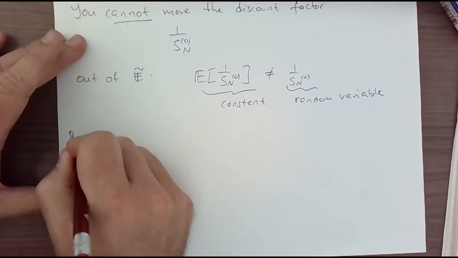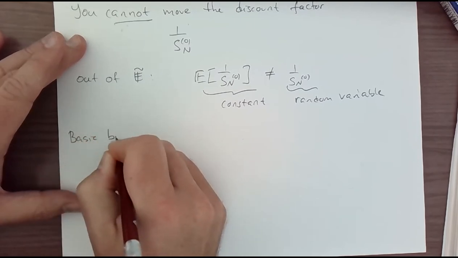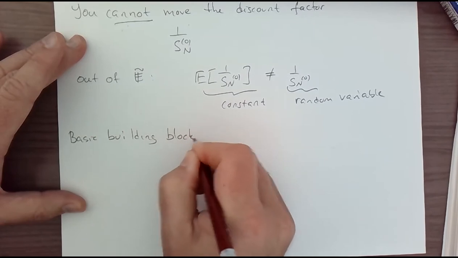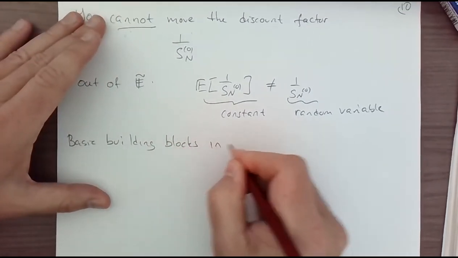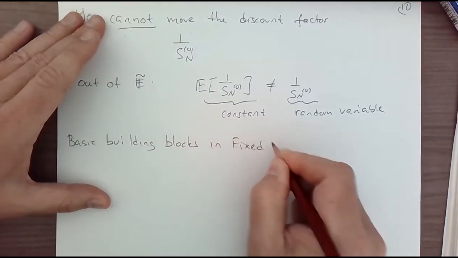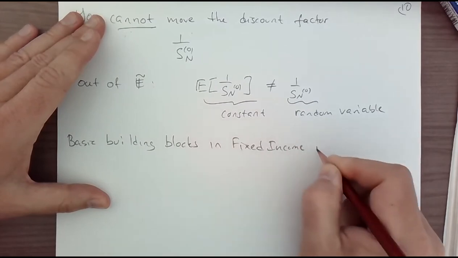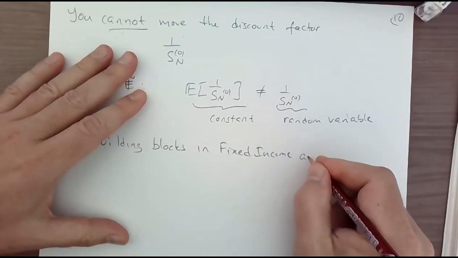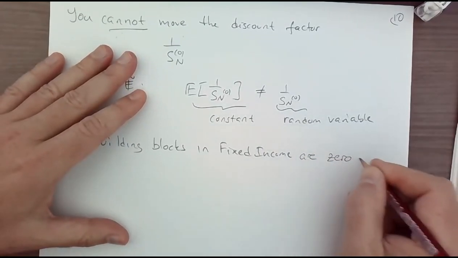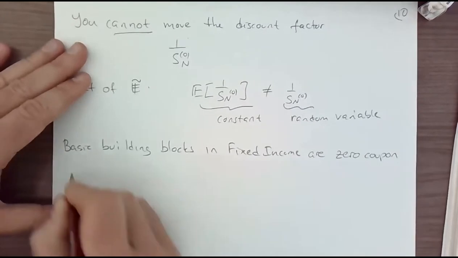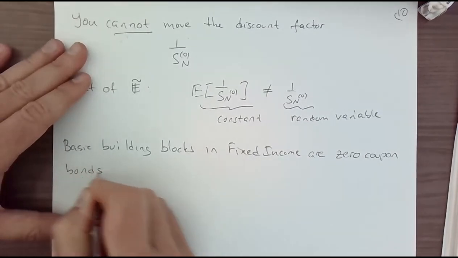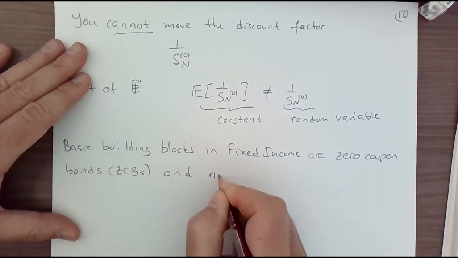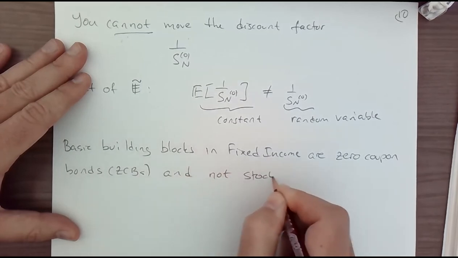What you do form instead is zero coupon bonds. So the basic building blocks in fixed income are zero coupon bonds, and not stock prices.